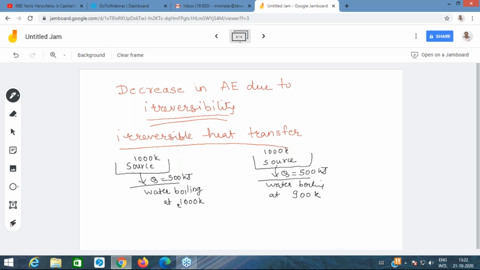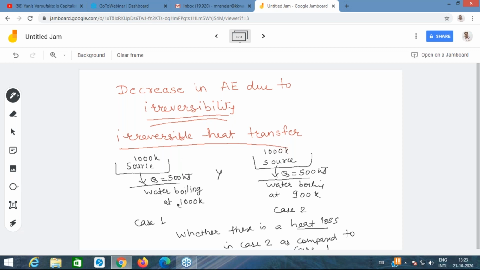So let me ask you the question. This is case 1, this is case 2. Whether there is a heat loss in case 2 as compared to case 1, yes or no?